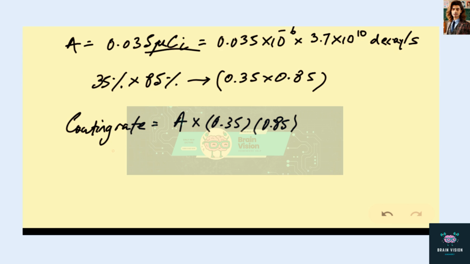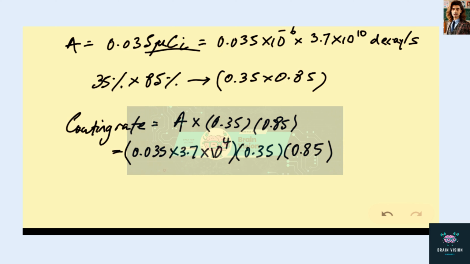So we substitute that into this equation. That's the activity in decays per second, and this is due to the different efficiencies of the Geiger counter, and so our counting rate would be about 390 counts per second.